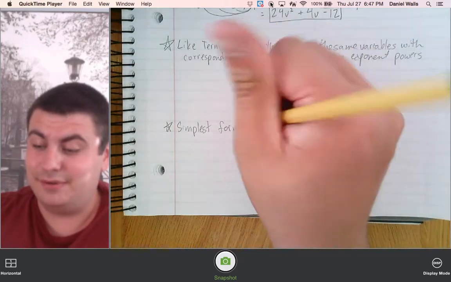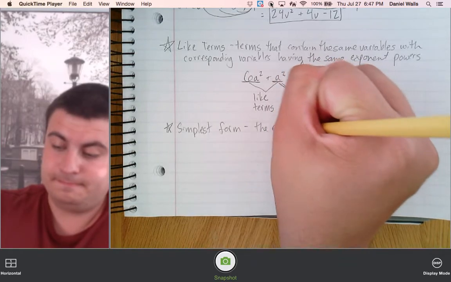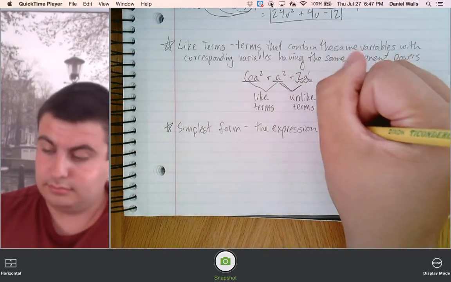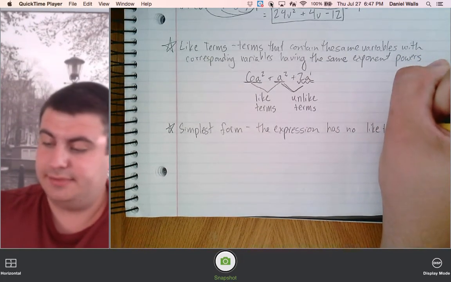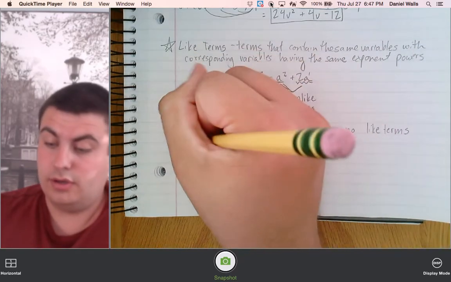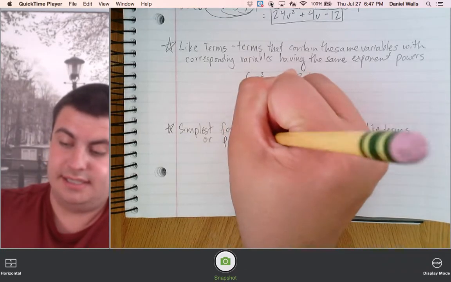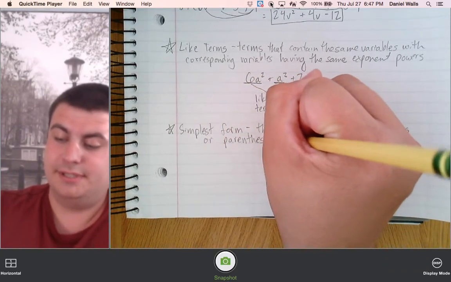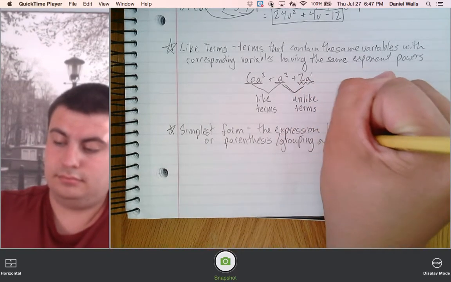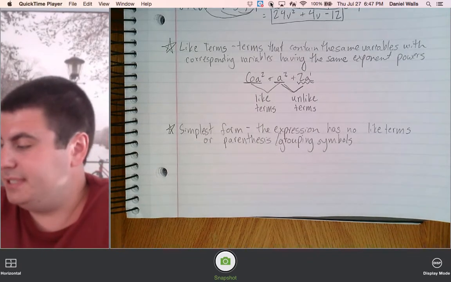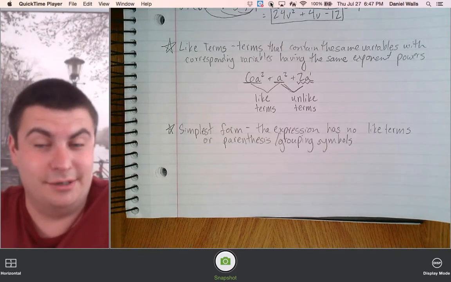Something is in simplest form when the expression has no like terms or parentheses or grouping symbols.